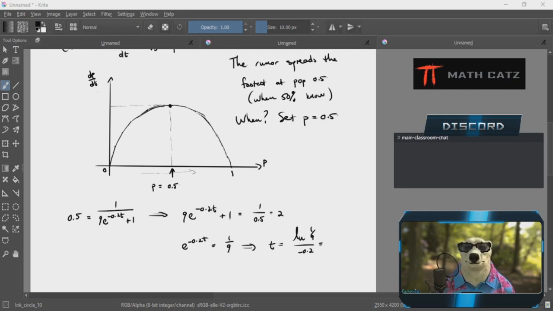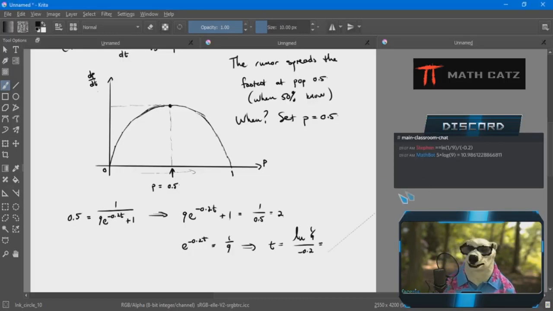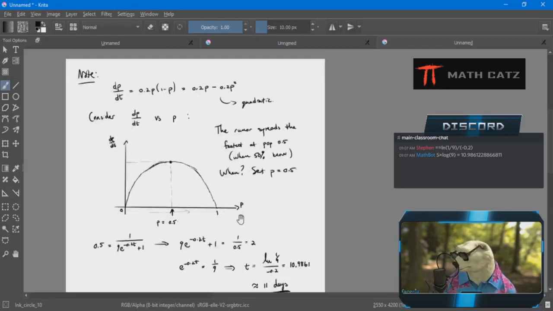Natural log of 1 over 9, and I want to divide by negative 0.2 as well. I get 10.9861. So approximately 11 days.